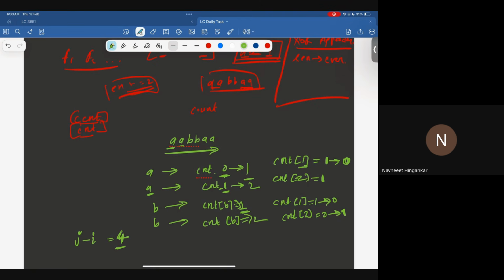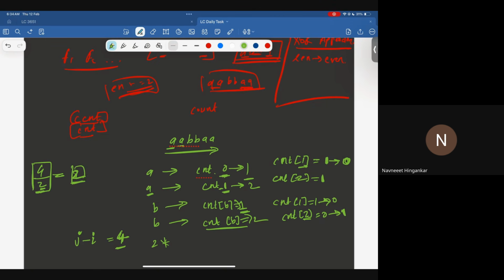So we need the count of 2 equal to the total number of distinct characters. 4 is the string length, 2 is the total number of distinct characters. So we need all the distinct characters' count to be equal to 2, right?